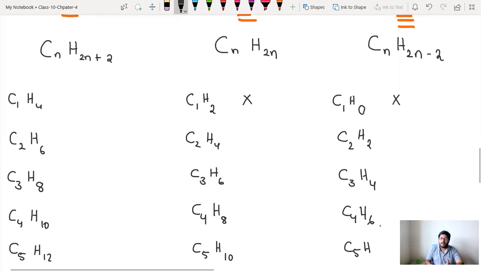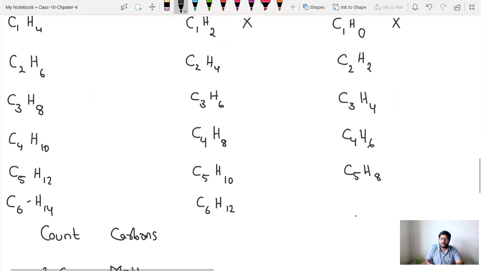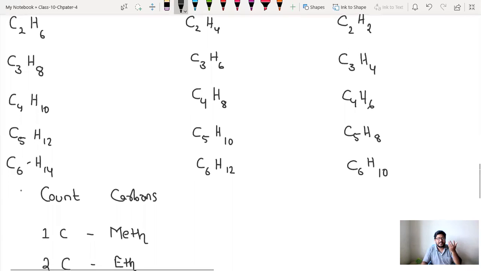C5H, 5 twos are 10, 10 minus 2 is 8. Last, 6: C6H, 6 twos are 12, 12 minus 2 is 10. We can get C7, C8, C9, C10, C50, C51, C52, C100, like that we will be getting.